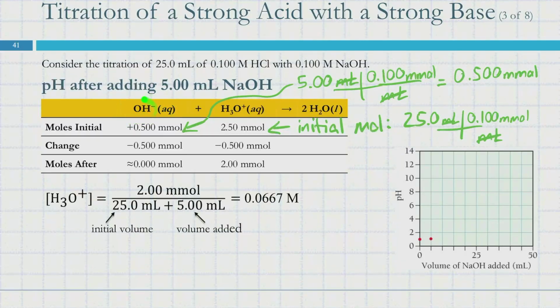We know that hydroxide and hydronium react to form water, and so we're going to use up all of one of these two. In this case, our hydroxide is the smaller amount, so we're going to get rid of all of our hydroxide, and we're going to get rid of a stoichiometric proportion of H3O plus, just the same number of millimoles.